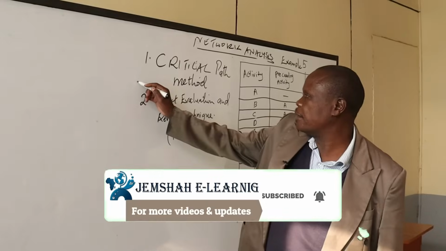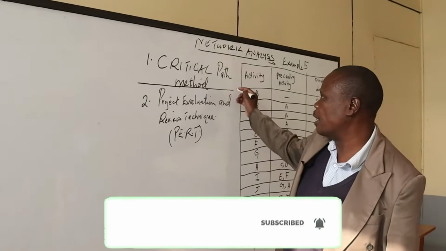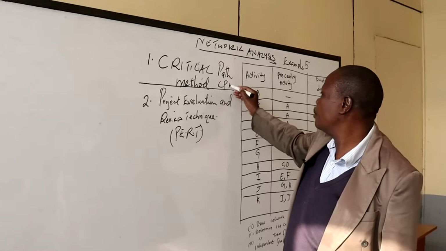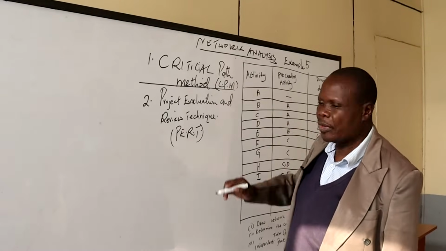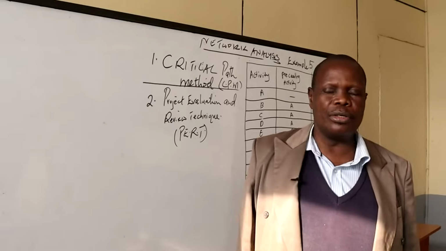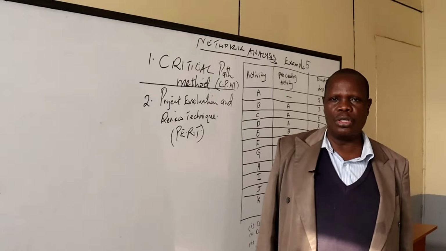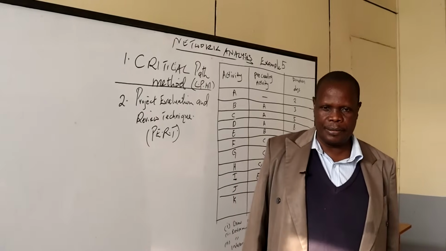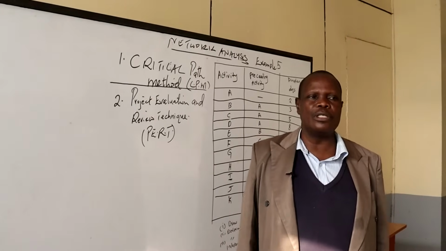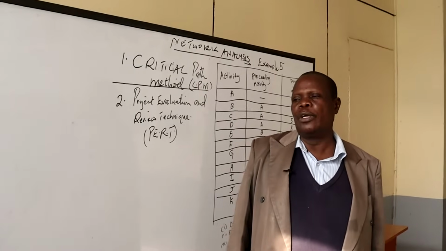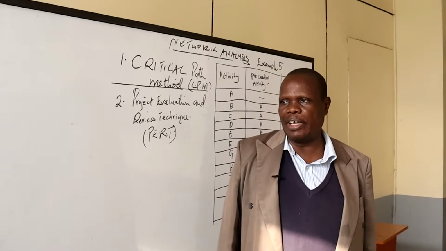Let us start with the first one, critical path method. This is the construction of a network using known time estimates. So the estimates for each duration are given, and we don't calculate them. We use them the way they are given.